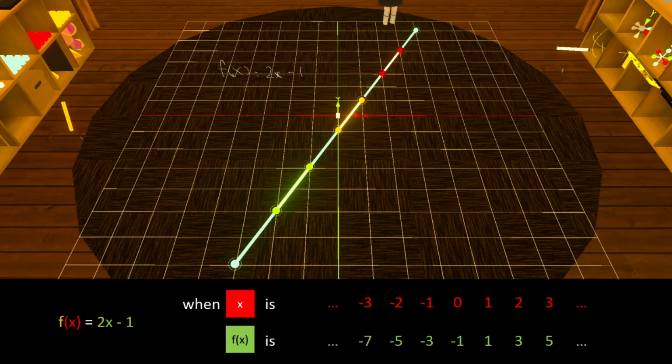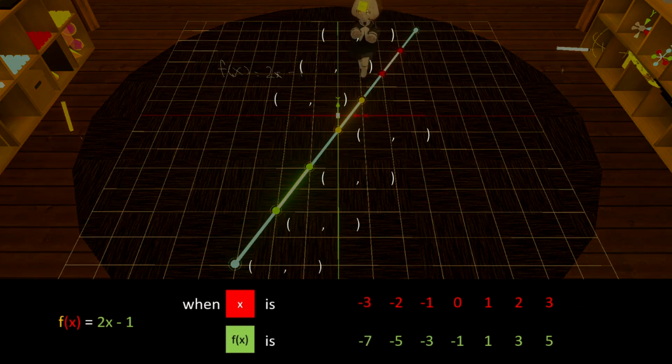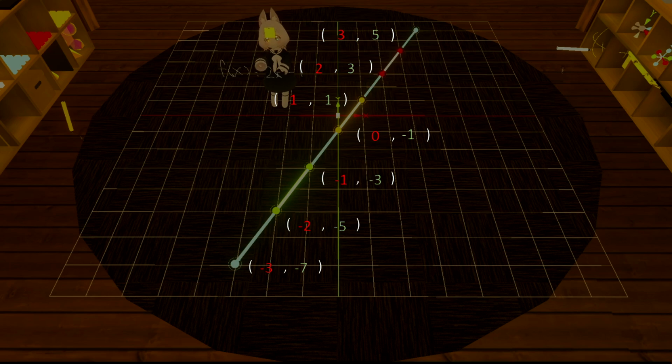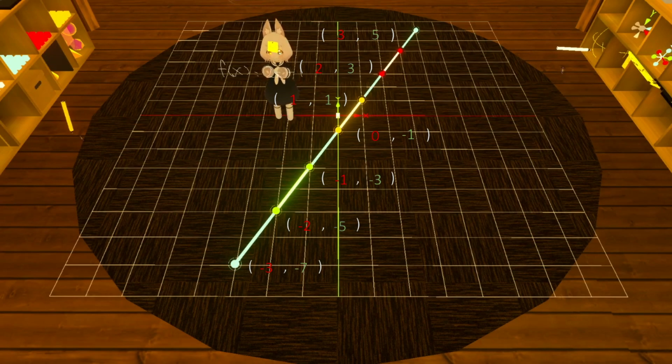So in this case, different functions give you different shapes. This one gives you a straight line, and some of the other functions or equations give you other shapes. It can be a circle, it can be an ellipse, or whatever you can think of.